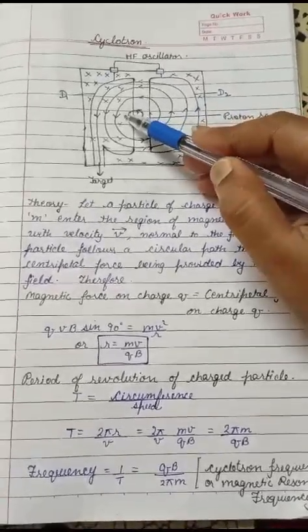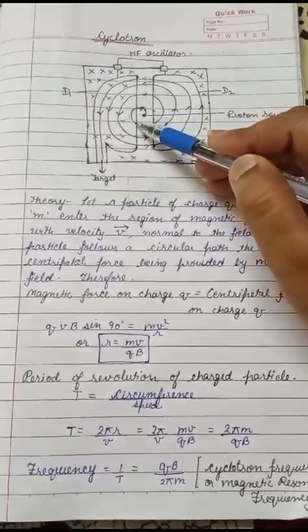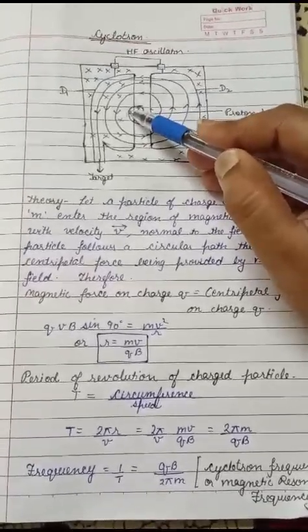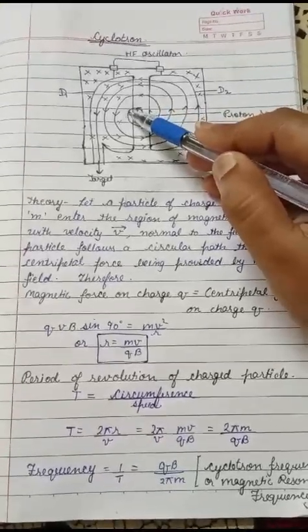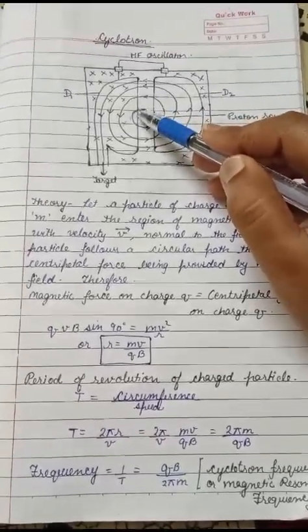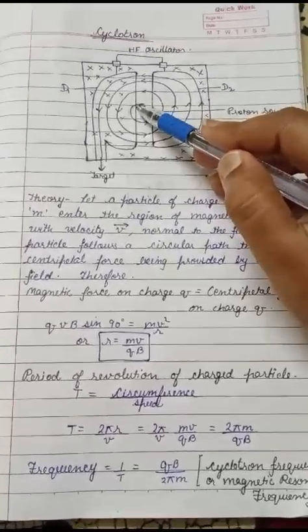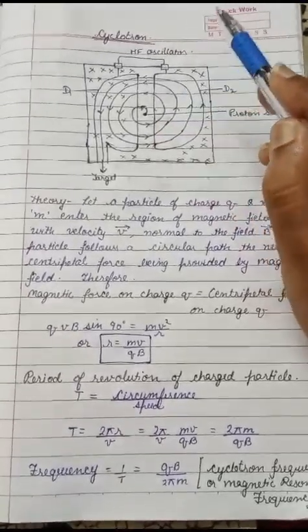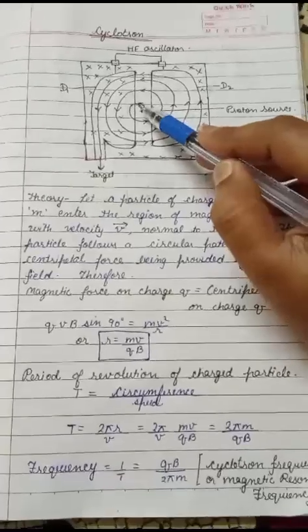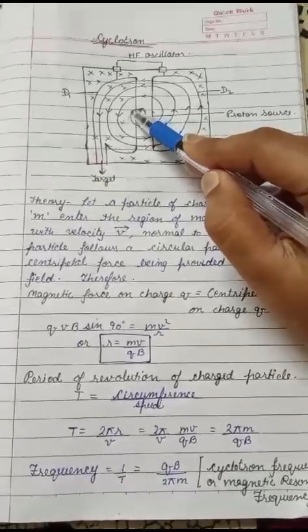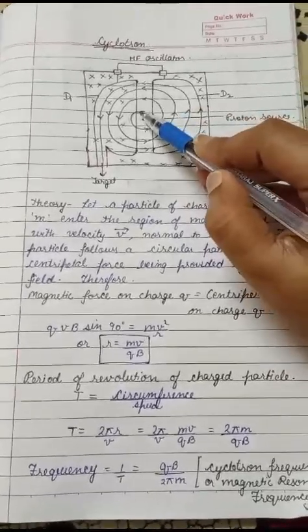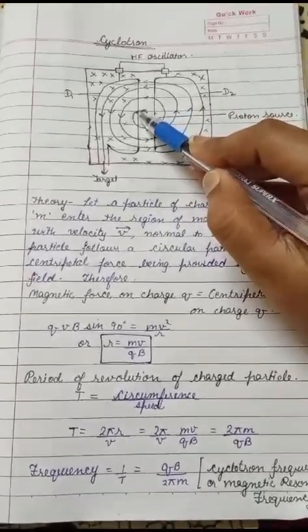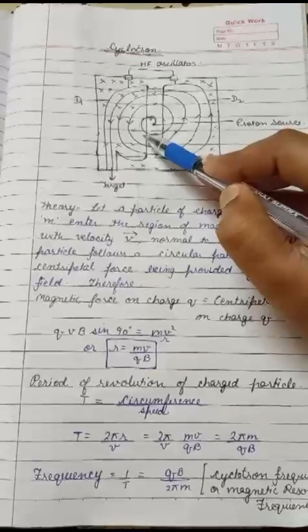Now when it enters D1, no electric field is applied, only the magnetic field acts. The magnetic field doesn't alter the kinetic energy, it only gives the direction of motion, so it rotates the charged particle in a circular motion.